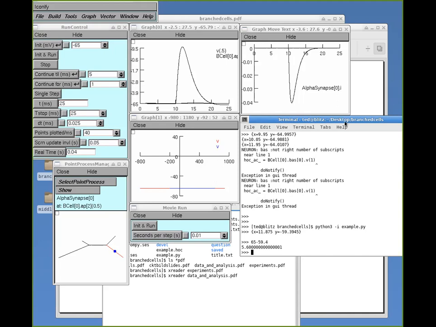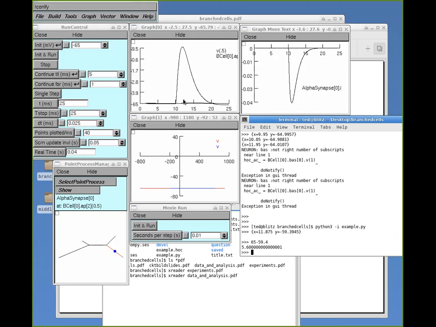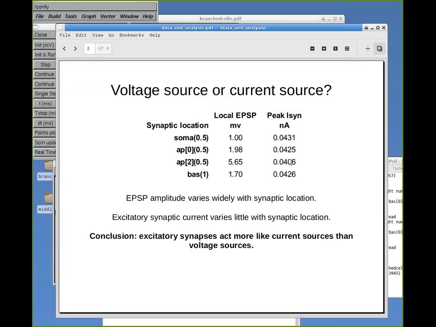Okay, but this is why we get a reduction, but it's only a small reduction. We're getting a roughly 10% reduction of driving force, actually slightly less than 10%. What is our reduction of current? Slightly less than 10%. The peak synaptic current is going to occur pretty close to the peak of the synaptic conductance.